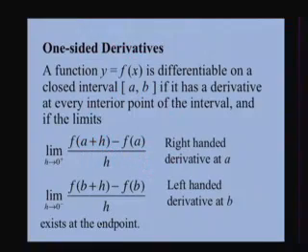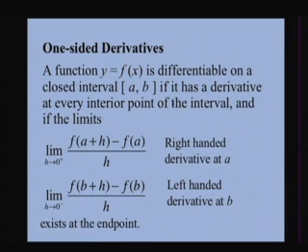The function y equals f of x is differentiable on a closed interval [a, b] if it has a derivative at every interior point of the interval, and if the limit as h goes to 0 from the positive side, or from the right-hand side, of f of a plus h minus f of a all over h exists. And that's considered the right-handed derivative at a.